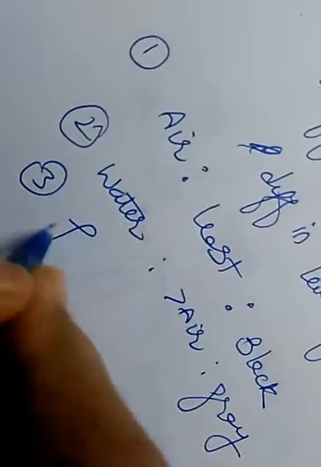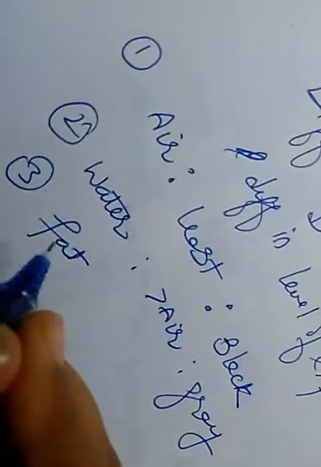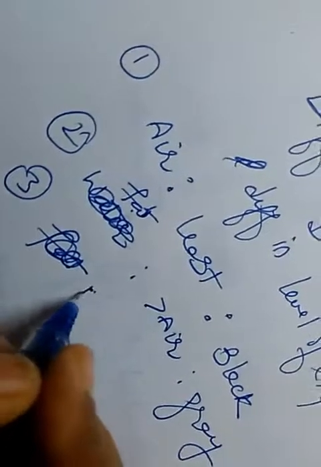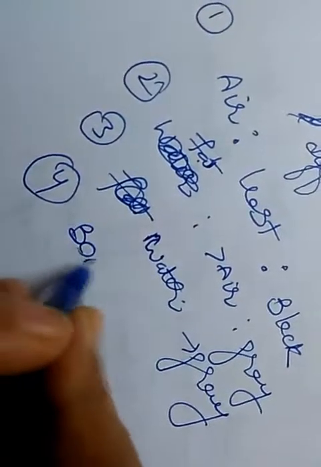Fat attenuates, sorry, one minute. After air comes fat. Fat attenuates more than air but less than water. Third is water. It also appears somewhat gray, but compared to fat, it is slightly white. And next is bone.